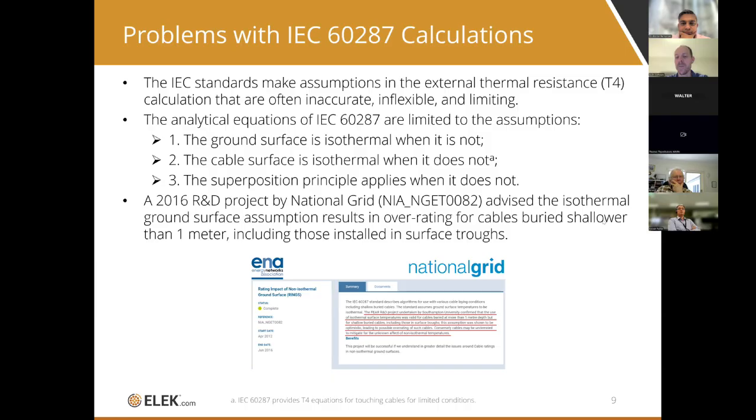You'll get higher assumed cable ampacity when you use these calculations compared with the finite element method. That's especially true for shallow buried cables, including those installed in surface troughs. The findings of this report were that they don't want anyone to use IEC calcs for the T4 calc for the external thermal resistance, in particular for cables that are buried at 1 meter or shallower.